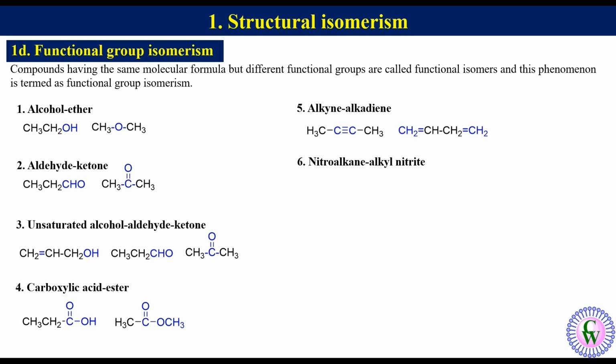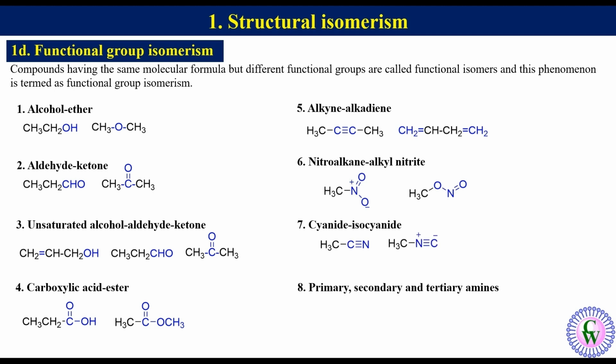Nitroalkane and alkyl nitrite, for example, nitromethane and methyl nitrite. Cyanide and isocyanide, for example, methyl cyanide and methyl isocyanide. The last one is primary, secondary and tertiary amine. For example, propylamine, ethyl methylamine and trimethylamine.